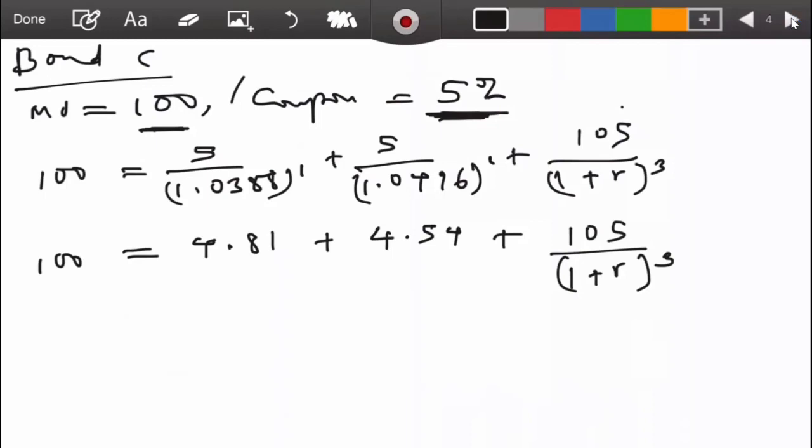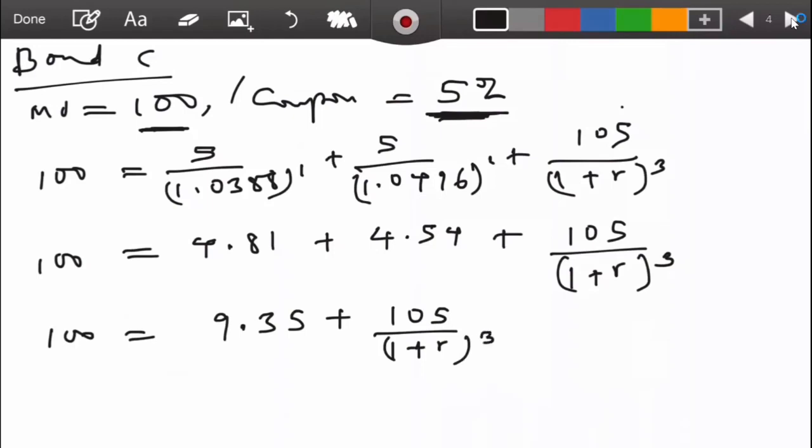If I add these two, I will have 100 equal to 4.81 plus 4.54, which is 9.35, plus 105 all over 1 plus r raised to power 3.